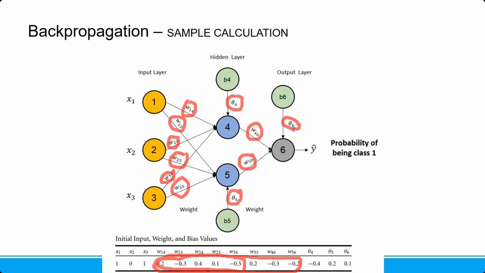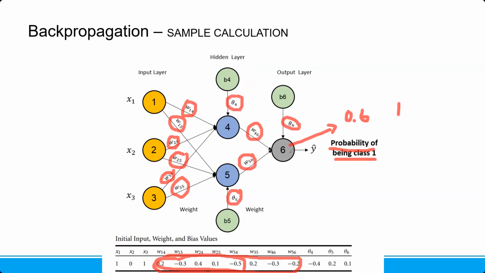The final output will be the probability of being class 1. It means if the probability is high, let's say the probability is 0.6, then I can say that it is closer to class 1.